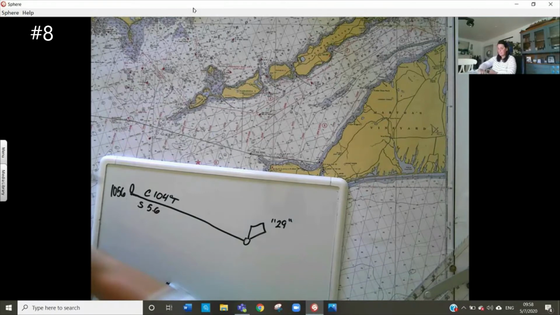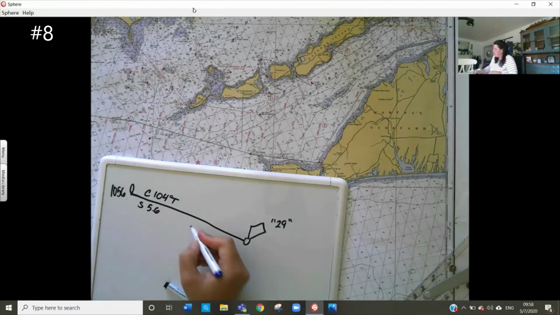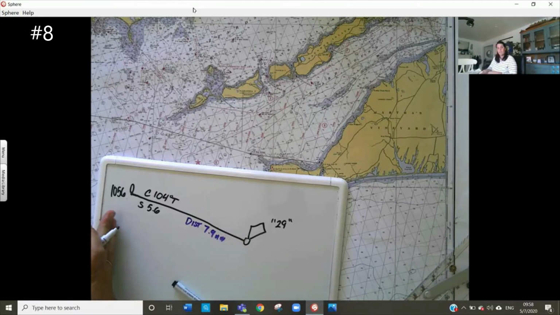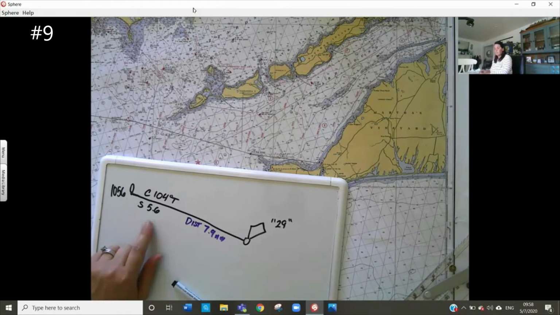So I have 7.9. I have a distance of 7.9 nautical miles from Buzzards to 29. And I have a speed of 5.6 knots. So what is my ETA?